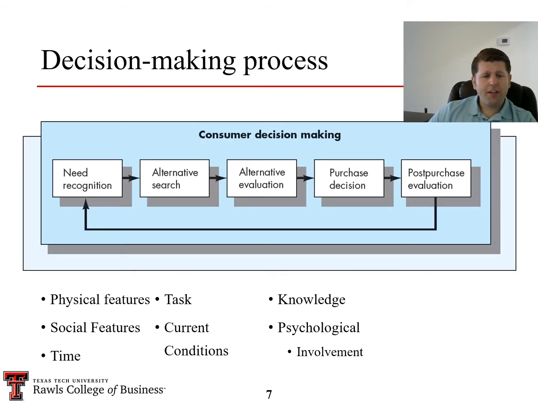We also have the decision-making process, and that's really important. All of these factors that we talked about, the physical features, social features, time, task, our knowledge, our psychological involvement, all of these things underlie our consumer decision making process. So they're all affecting the consumer's decision making.